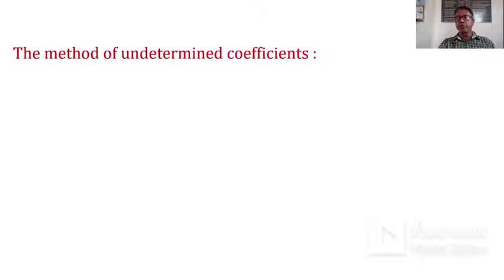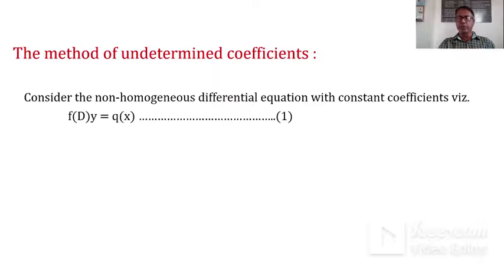Now, for this purpose, we consider the non-homogeneous differential equation f of D of y is equal to Q of x. Now, this method is based on the assumption that the right-hand side in this equation 1, which is Q of x, is the solution of some homogeneous linear differential equation with constant coefficient.